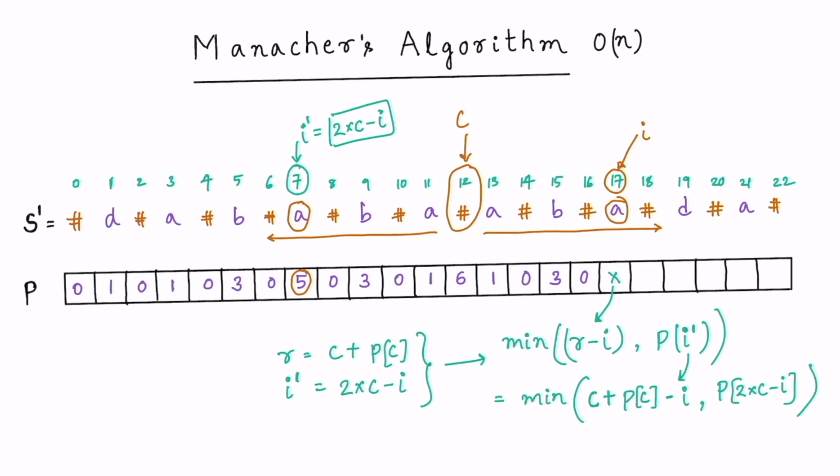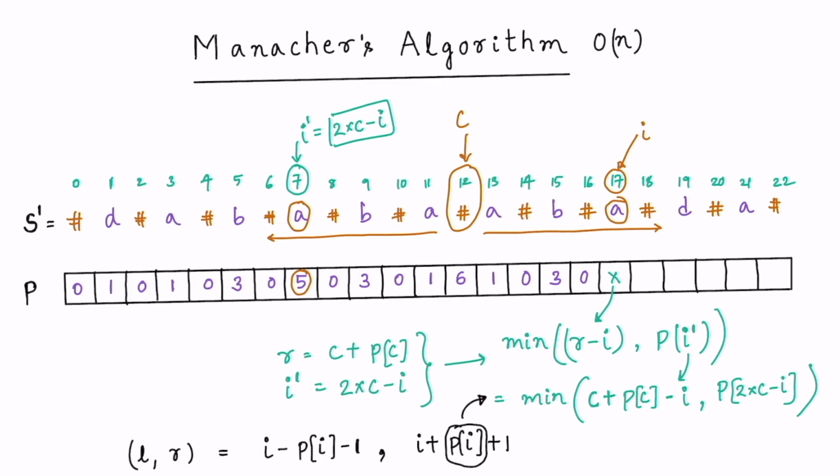So for the current character I, we start from left and the right pointers to search the longest palindrome from I minus p of I minus 1, and right pointer will be I plus p of I plus 1, where p of I is here.